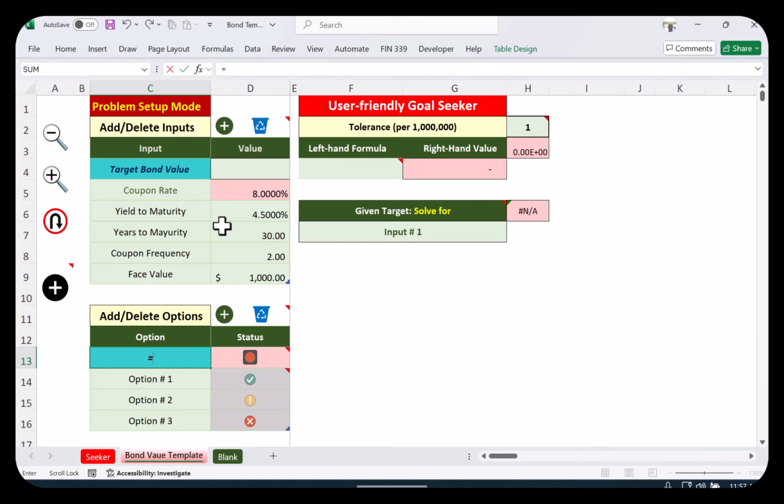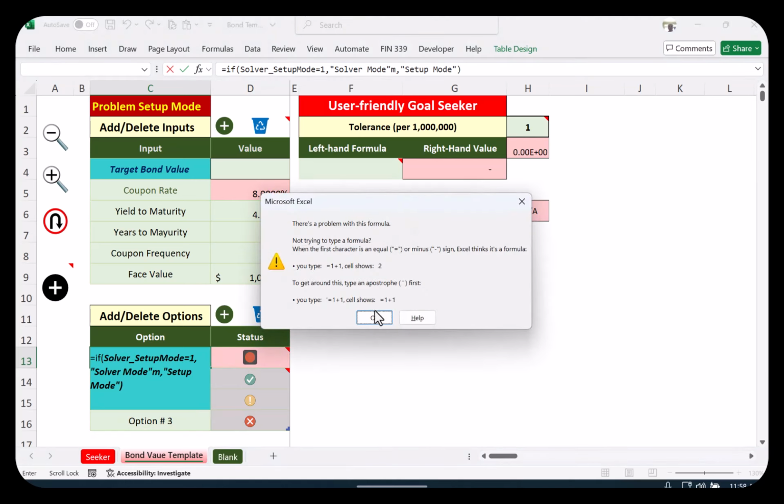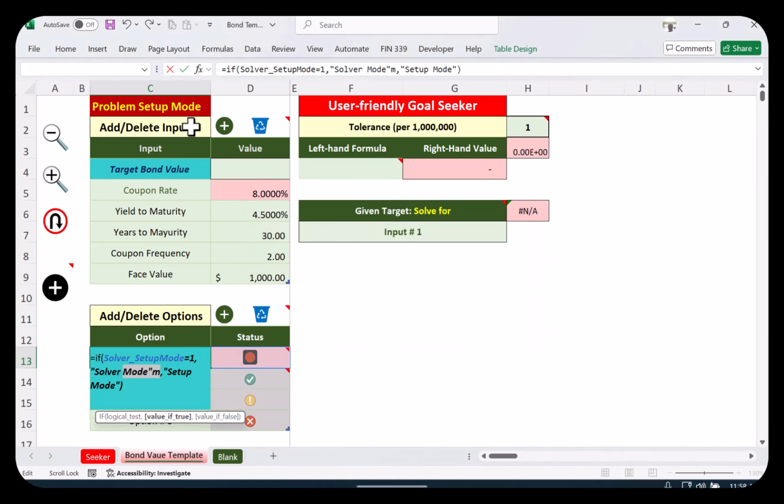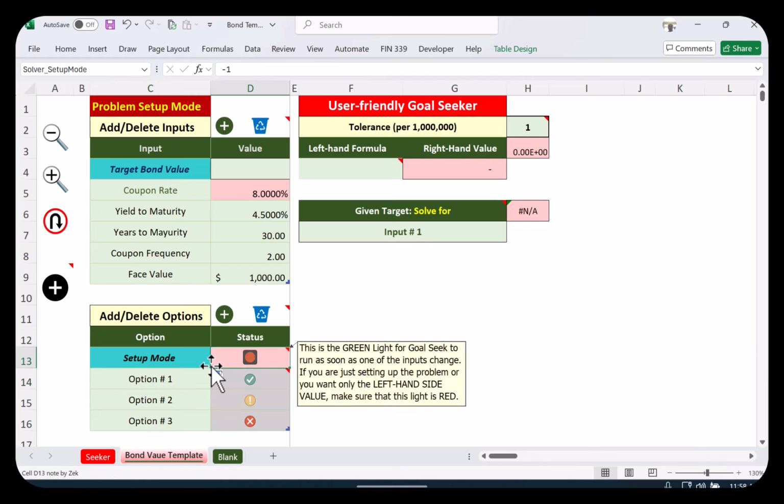And let me call this, if that's equal to 1, solver mode, otherwise setup mode. Whenever that thing is a red light, I'm in the setup mode.